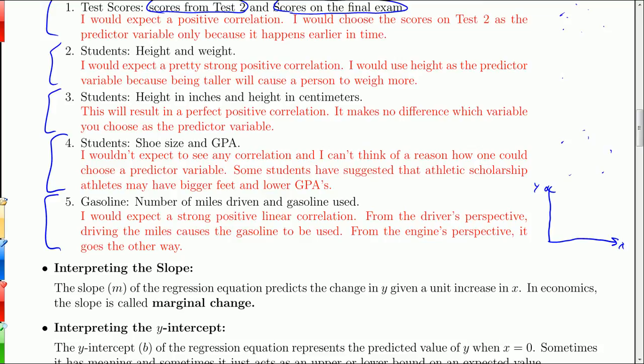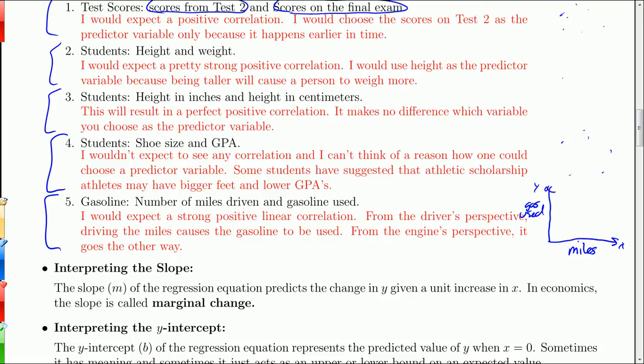So I would say the miles down here, and then the gas used here. From the engine's perspective, it might go the other way. The more gasoline you stick into the cylinder, the further I seem to go. But from a driver's perspective, driving the miles causes the gas to get used.